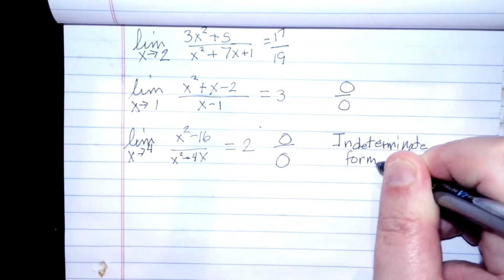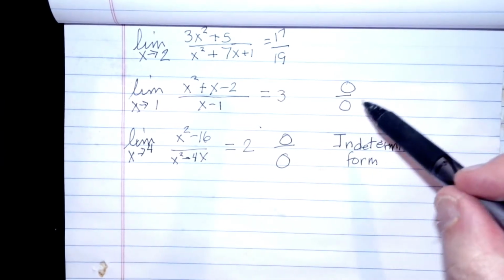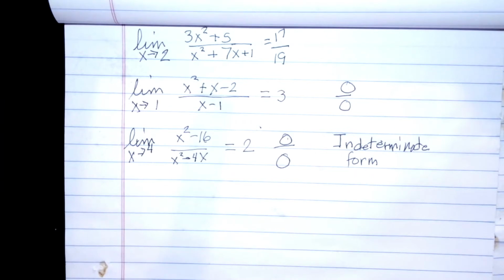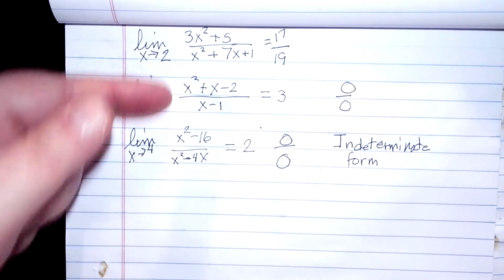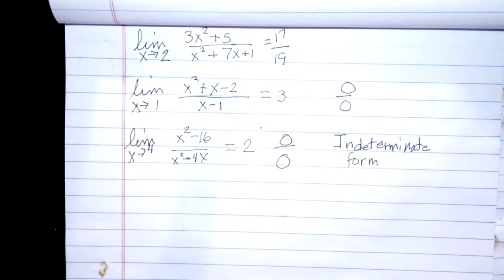And what that's saying is that you cannot tell just from this form what the limit is going to be. It could be 3 as in this example, or 2 as in this example, or it could be 0, or it could be that the limit doesn't exist at all. You don't know just from that form 0 over 0.